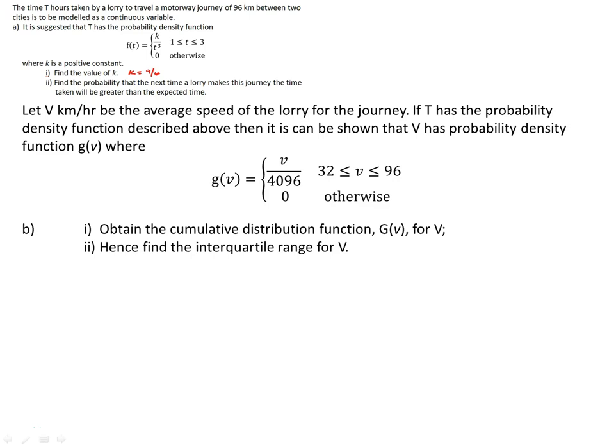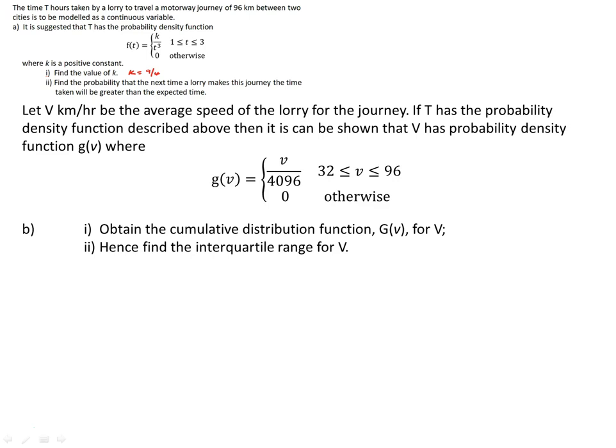Moving on to the next part of the question, we are asked to consider the random variable which is the average speed in kilometers per hour of a lorry for this journey. We're told that if t has the probability density function described in the first part of the question, then it can be shown that the average speed v has a probability density function little g of v, which is given here.